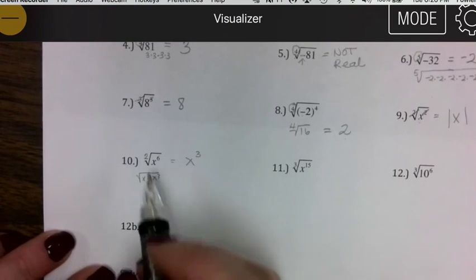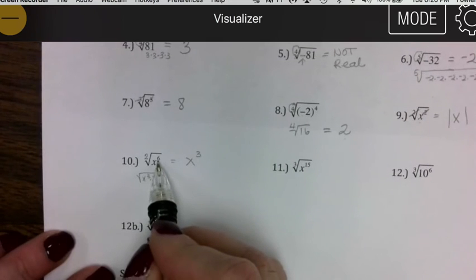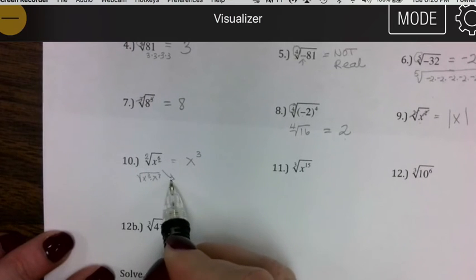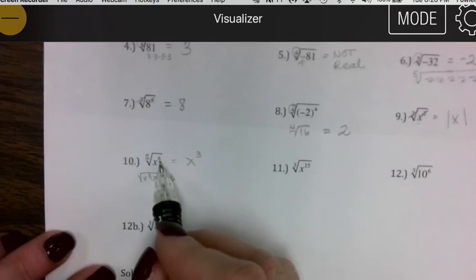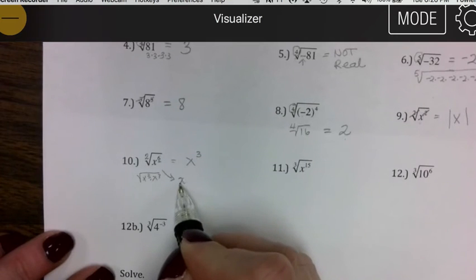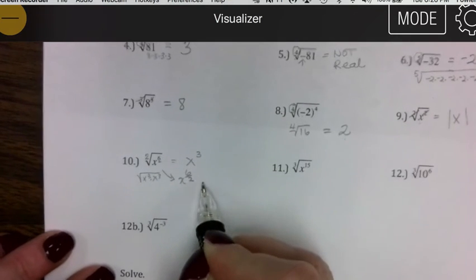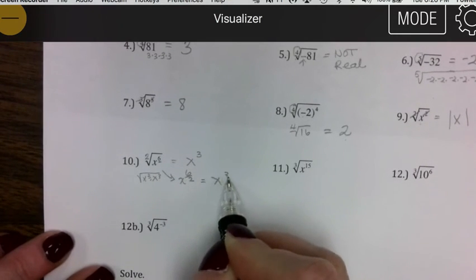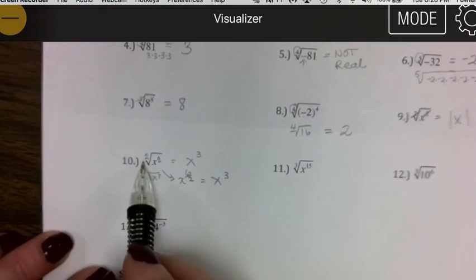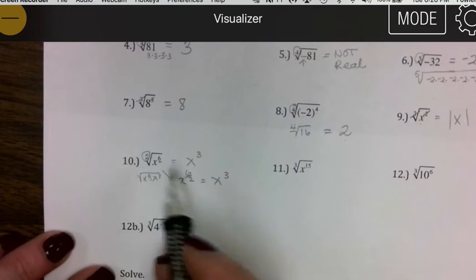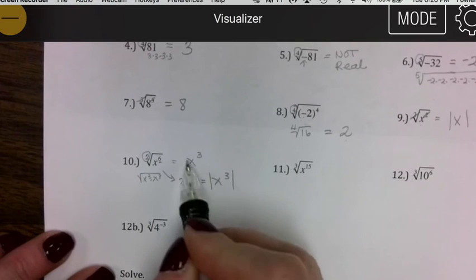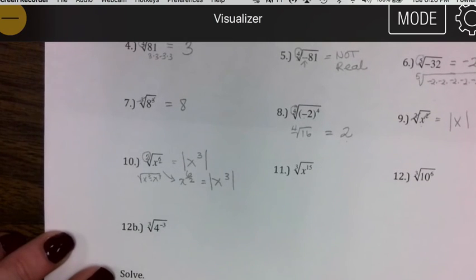But here's a shortcut: if you have a radical and you have an exponent on the inside, you can change this to a fractional exponent and take inside over outside, and this is x to the 6 over 2, which is x to the third power. Because it's an even index, I've got to make sure to put absolute values on that to ensure that it's going to be positive.